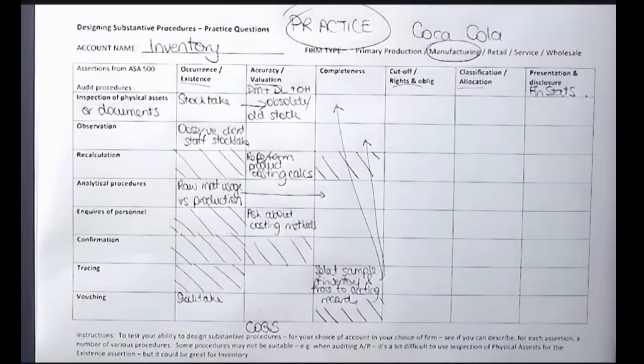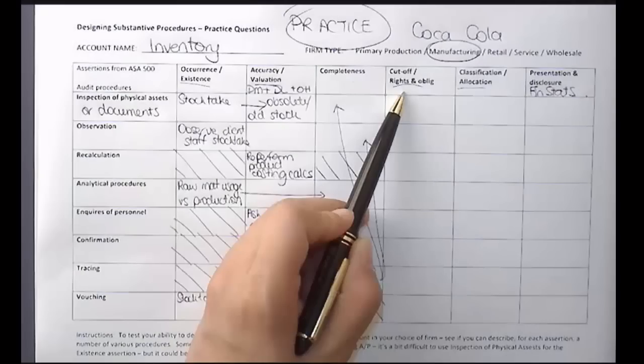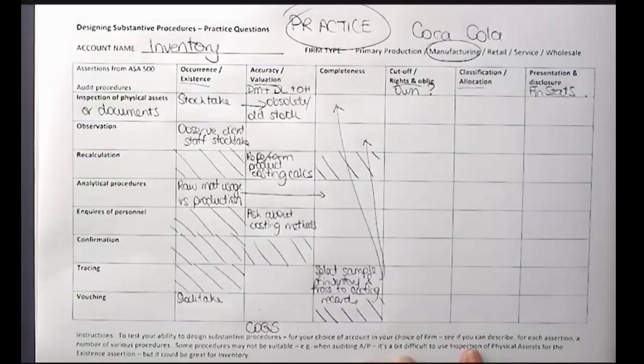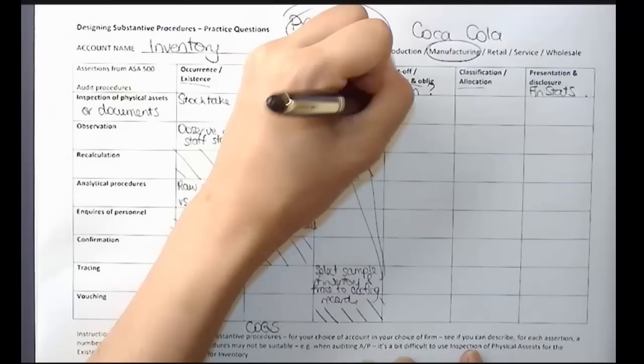So my rights and obligations is, do I actually own that inventory? Okay, so I might need to check who owns the raw materials. Because if I own the raw materials and then I use them in the manufacturing process, then I own my inventory.